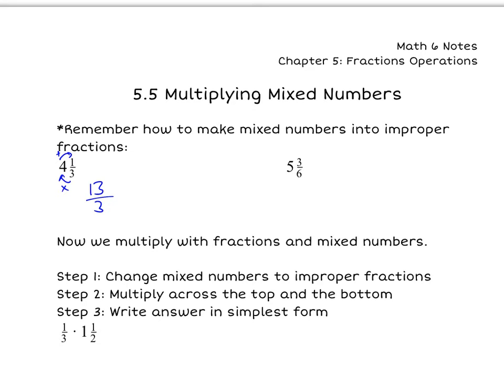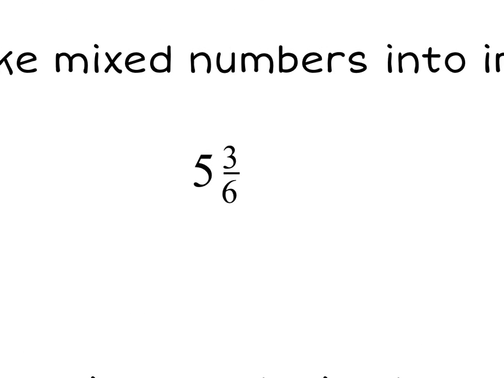So do the next one on your own real quick. What do you think that one would be? What do we got? 33 over 6.